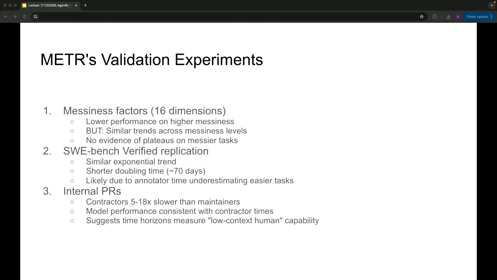So this suggests that solving these tasks is still very valuable, but the model operates not as an expert in that area with context, but more as a low-context human who has been asked to solve that problem, similar to a contractor.